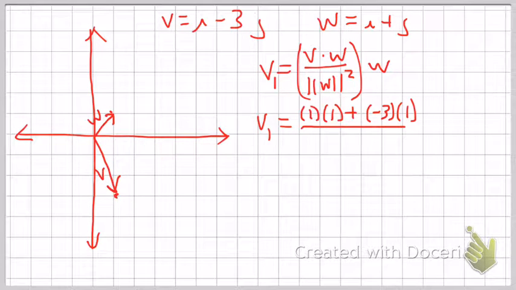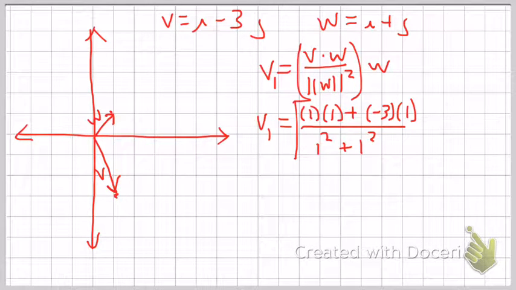And then down here we've got our magnitude of W, which is going to be our horizontal component squared, plus our vertical component squared. And then we take the square root, but we're going to square that magnitude, so that cancels the square root.